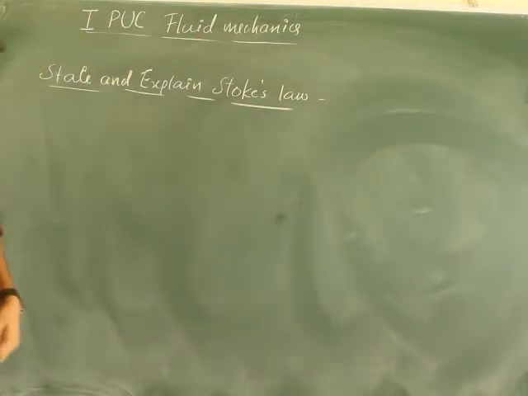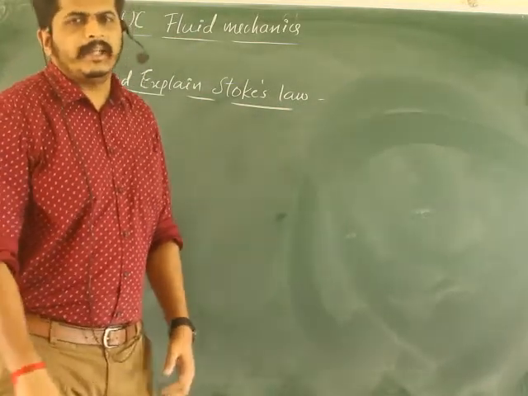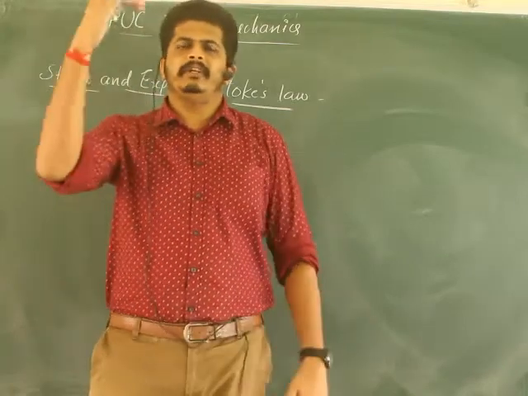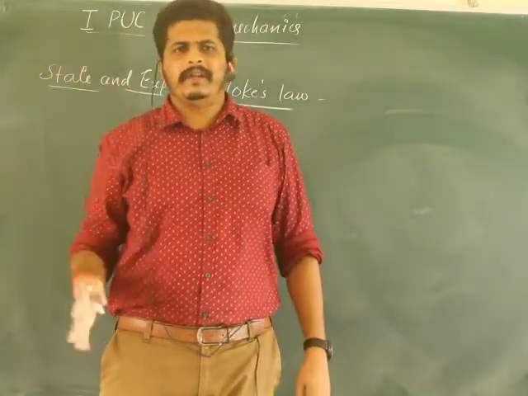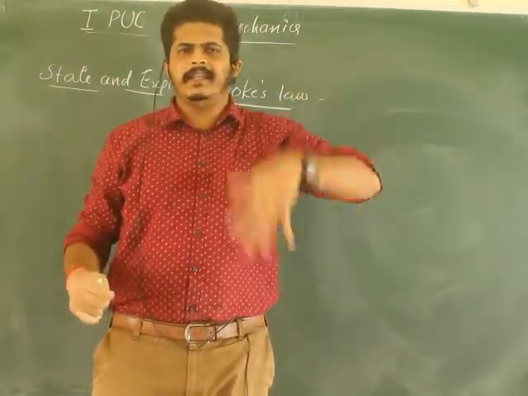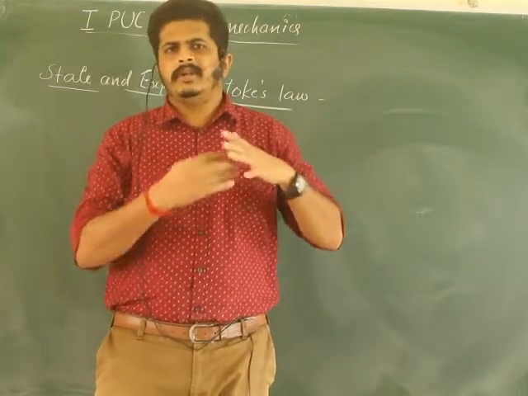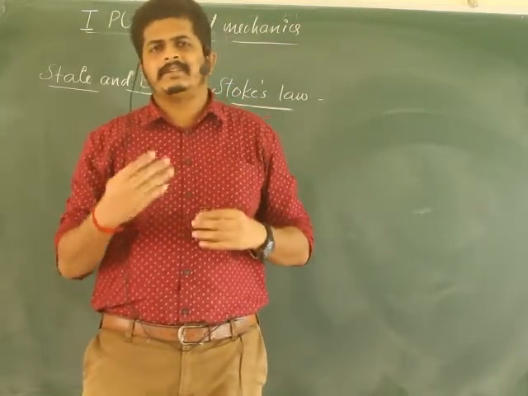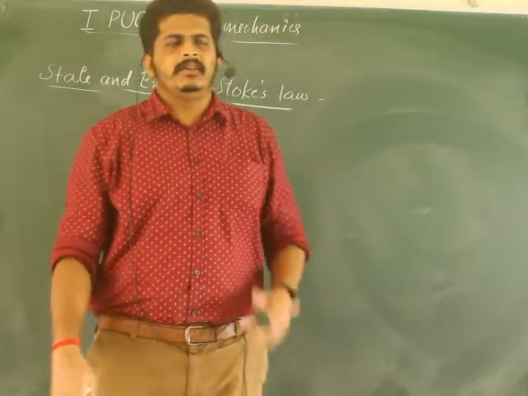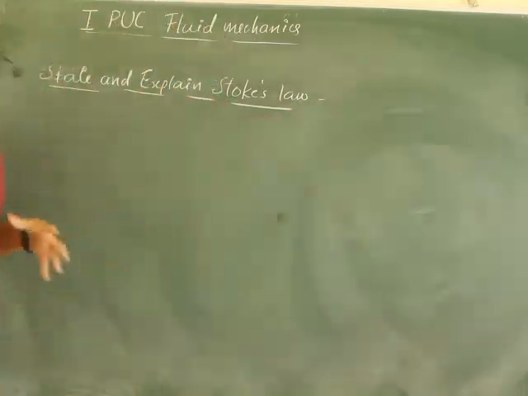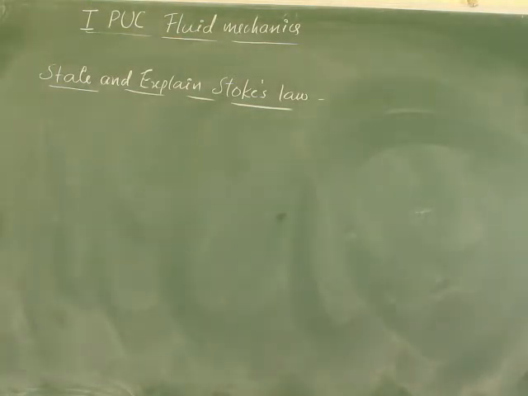Why I told you this: suppose you jump from 20 feet in air, you'll hit the ground fast, whereas if you jump inside a well of water, the same 20 feet will take slightly extra time, and you will move inside slowly, correct? That's all because of something called viscosity. Water will exert viscous force on you.